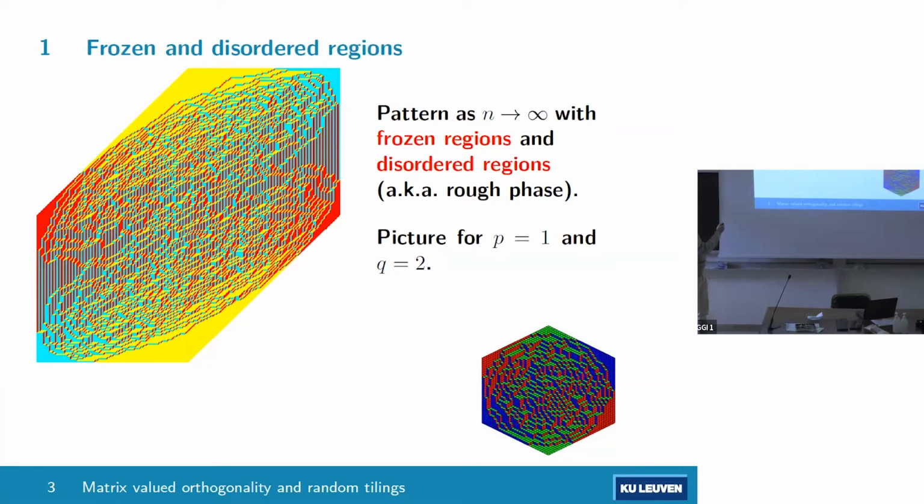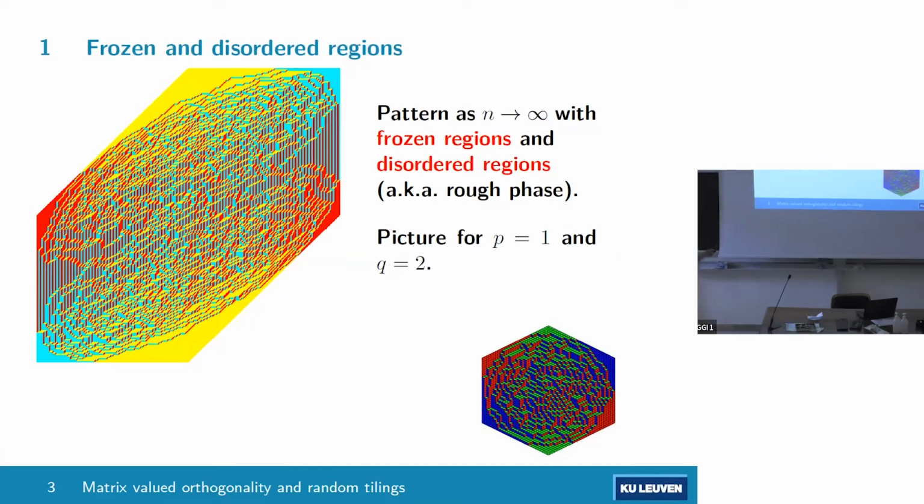But here there's also a frozen region with two types of lozenges that will survive also in the limit. And in the middle there is a disordered region where all three types of lozenges appear. In the limit there will be a boundary curve that separates the regions. These are known as frozen and disordered regions, or sometimes liquid or rough.